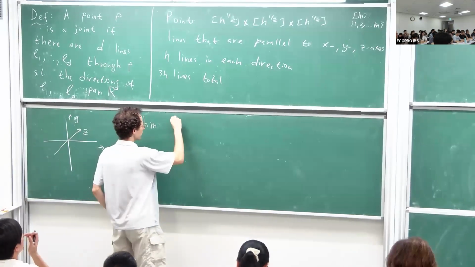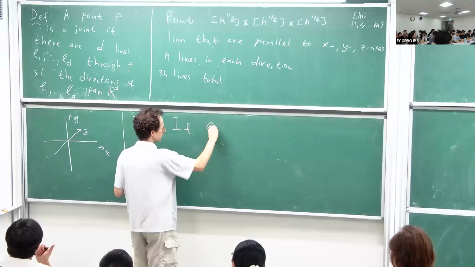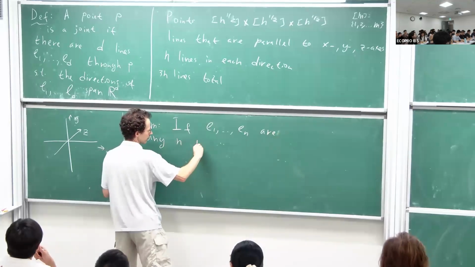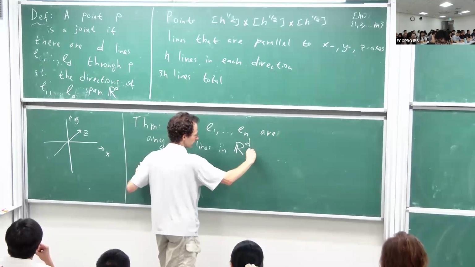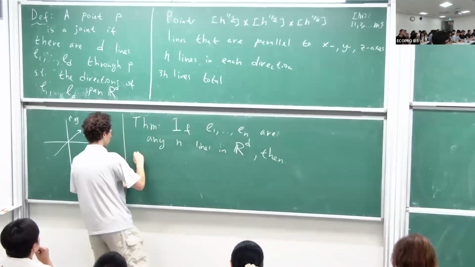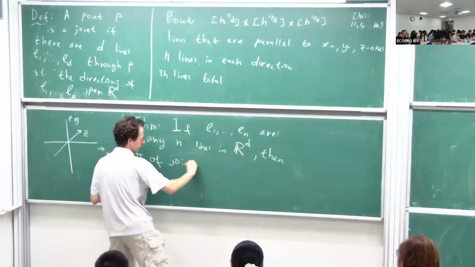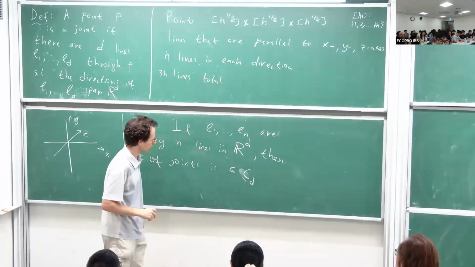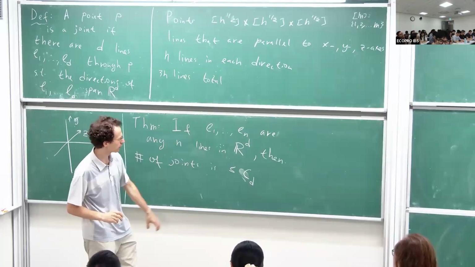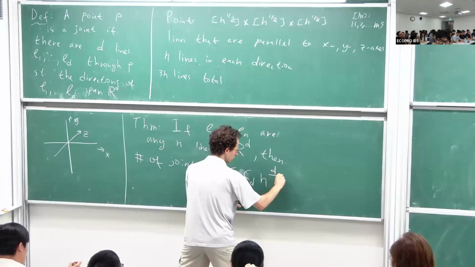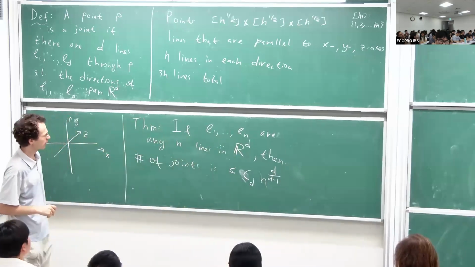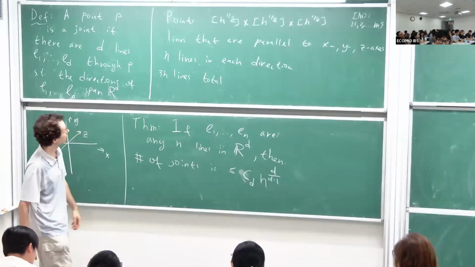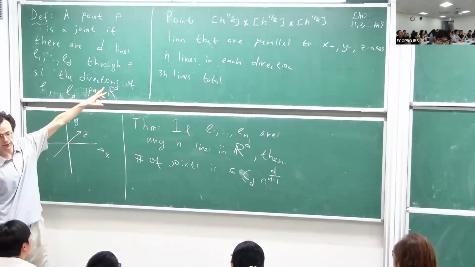If we have n lines in R to the D, then the number of joints is no more than some constant, which I will not pay too much attention to right now, times n to the D over D minus 1 power. So in dimension 3, that's 3 halves, which matches exactly this construction.